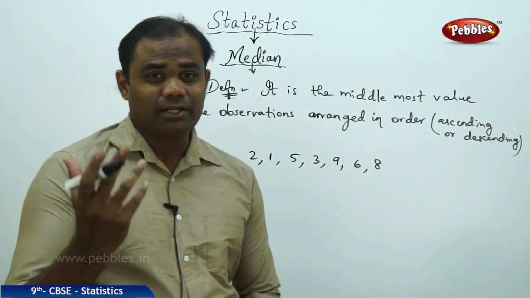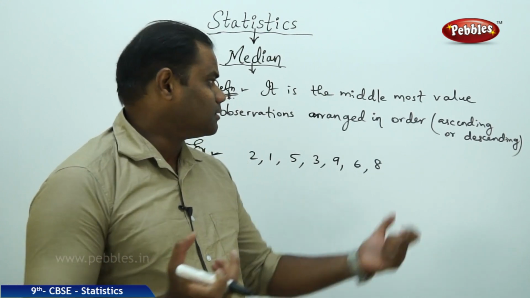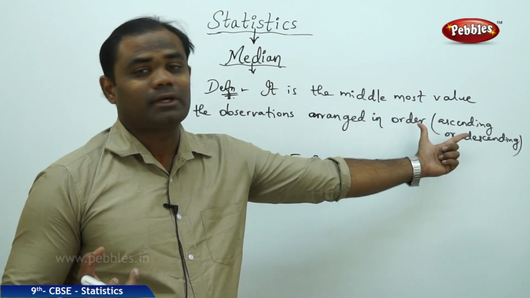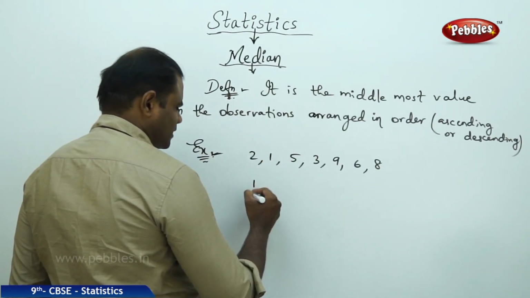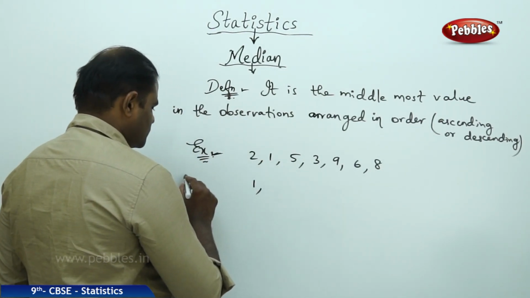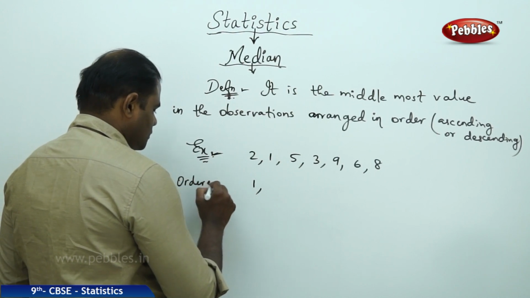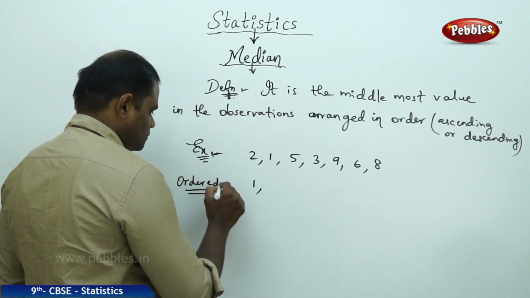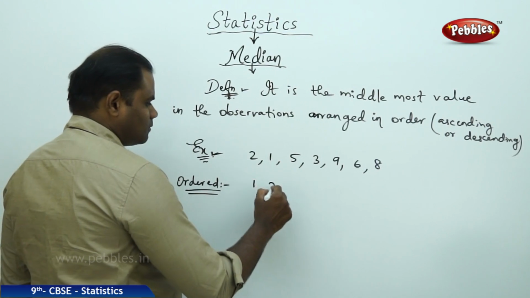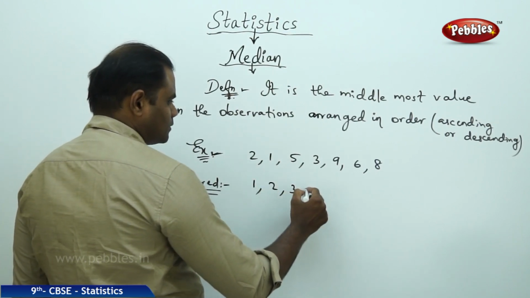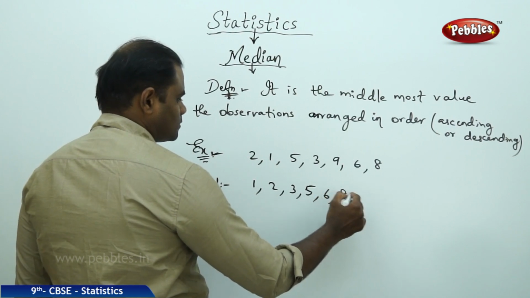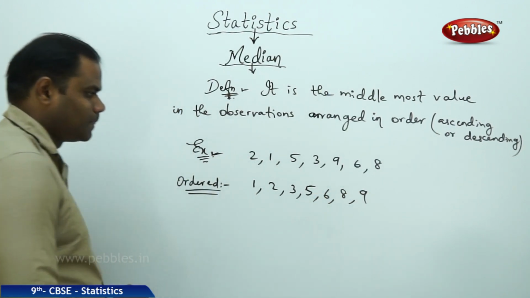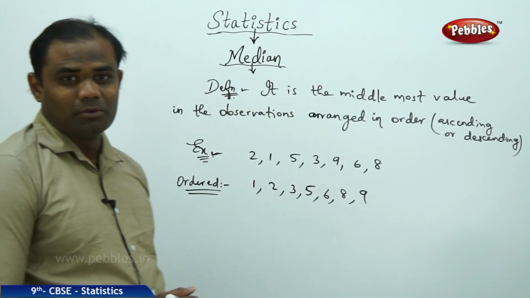So the first thing I do in order to identify the median is arrange it in ascending or descending order. So let me arrange in ascending order. When I order it: 1, 2, 3, 5, 6, 8, 9. So how do we pick the middlemost value?